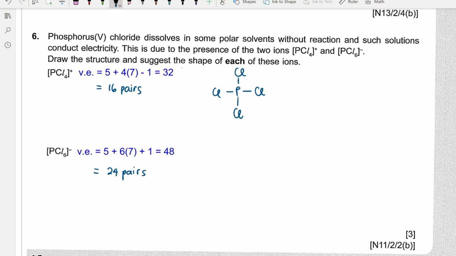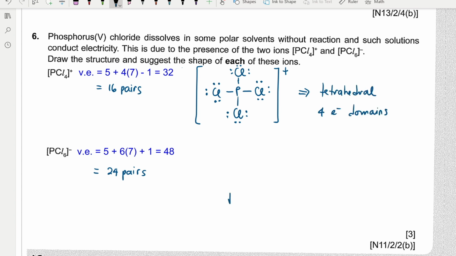We have drawn 4 pairs of electrons, so we have 12 more to go. 1, 2, 3, 4, 5, 6, 7, 8, 9, 10, 11, 12. That is a total of 16 pairs of electrons or 32 electrons. The whole molecule adopts the positive charge. Because phosphorus has 4 electron domains, it is tetrahedral.